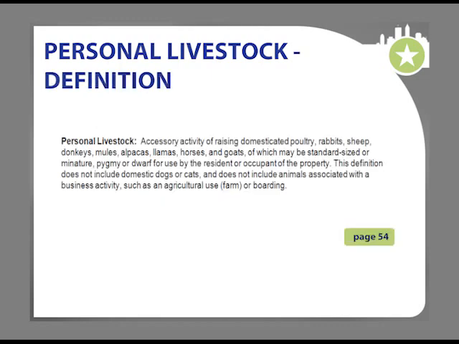What you see before you now is the definition of personal livestock. As with so much of the ordinance, the definition is a key starting point. We've identified personal livestock as poultry, rabbits, sheep, donkeys, mules, alpacas, llamas, horses, and goats. We've delineated what's included in our definition of personal livestock.